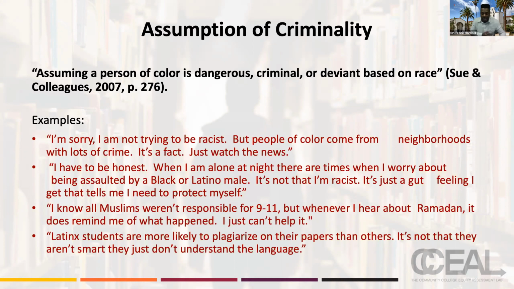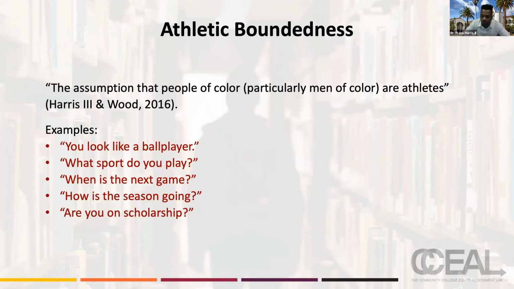Athletic boundedness: the assumption that people of color, particularly men of color, are athletes. I want to stress this first and foremost: there's absolutely nothing wrong with being an athlete. But where this becomes problematic is the stereotype of athletes as being jocks who are only allowed into college because of their athletic abilities and not because of their intellectual abilities, or even both for that matter.